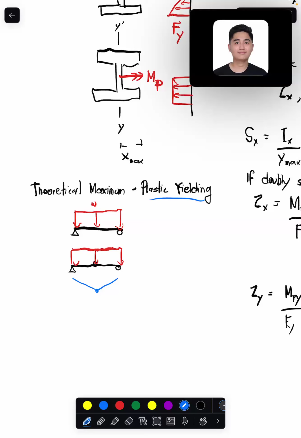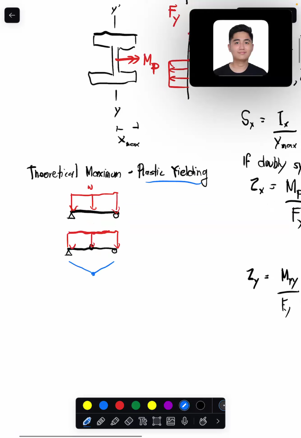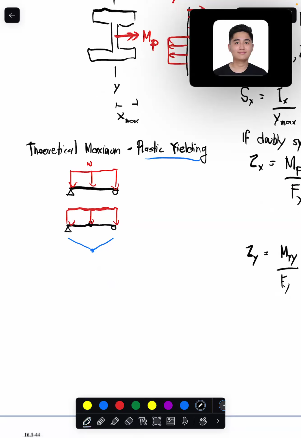But most of the time, we don't reach this plastic yielding. And to go back, if we put this in code provisions, you have what's called the nominal moment. If plastic yielding is our limit state, so you have Mnx, the nominal moment for bending about X, equals Fy Zx.